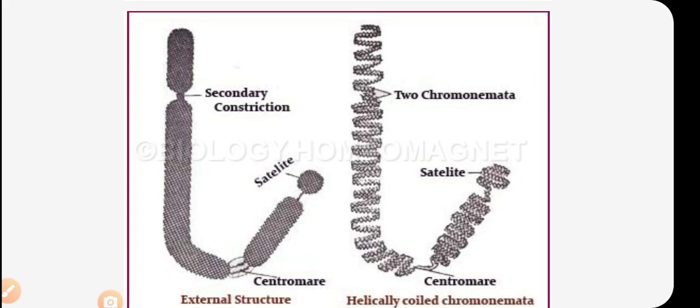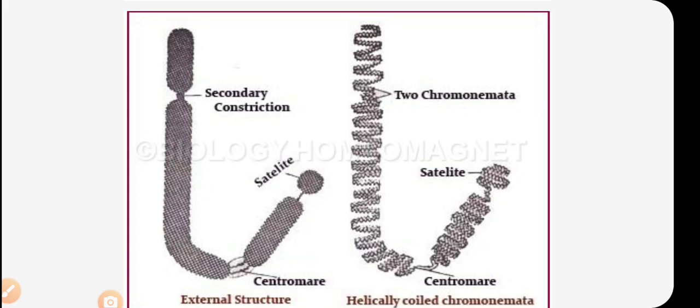In interphase, the chromatin material is present in the chromatin net, a fine thin thread-like structure that coils and spreads all over the nucleus.